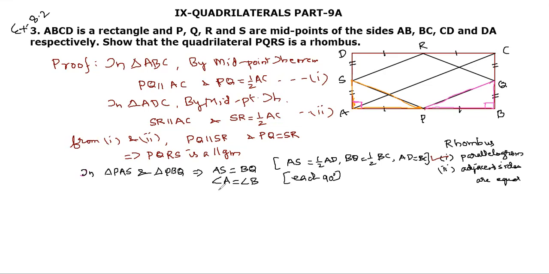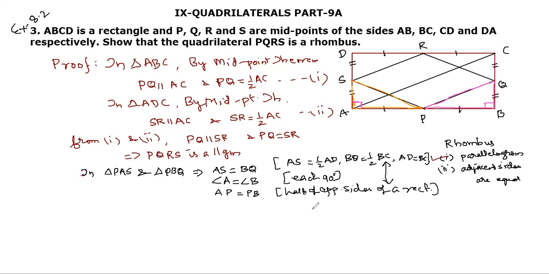And the third side, AP is equal to PB, for the same reason, because these are the halves of the opposite sides of a rectangle. Either you write it this way or that way, it is the same reason.